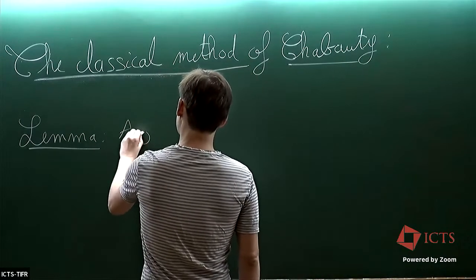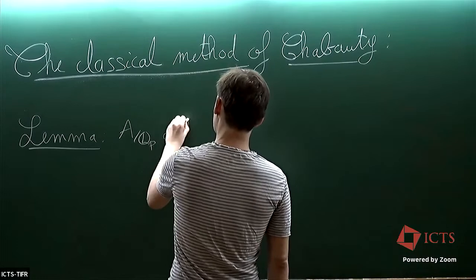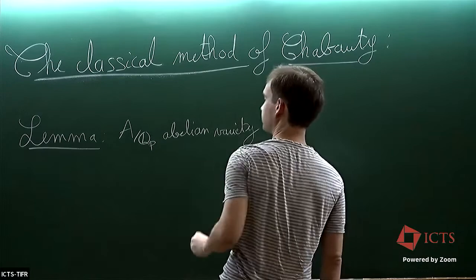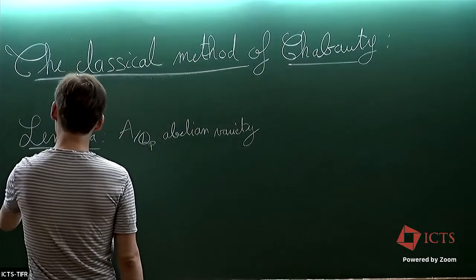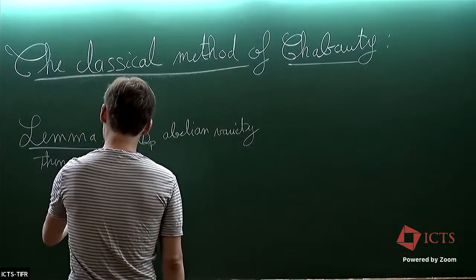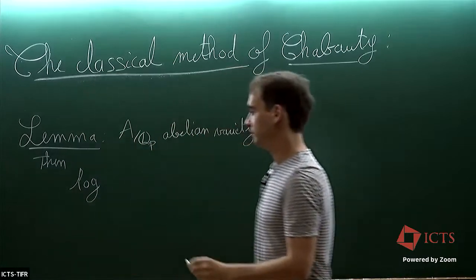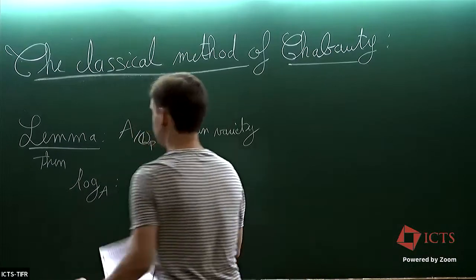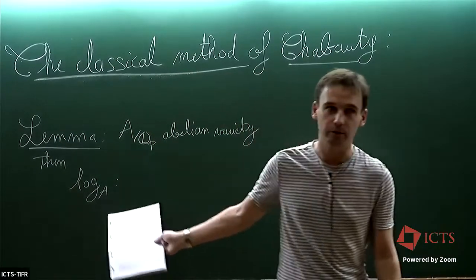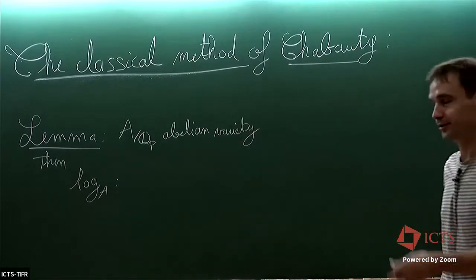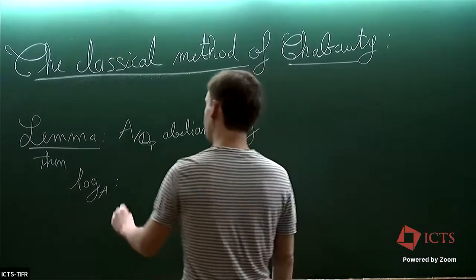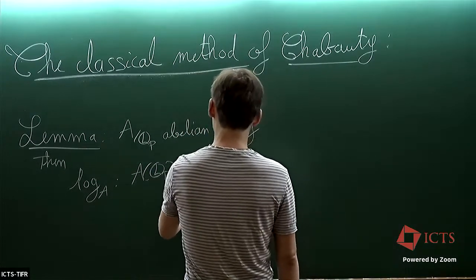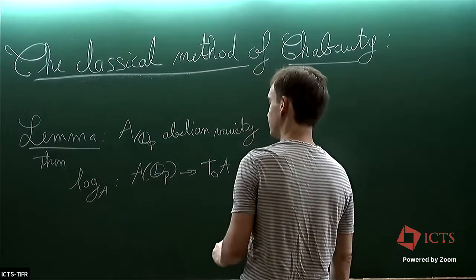So let's say Q_p abelian variety A. Then I define the log, let's call it log subscript A when it's ambiguous, but if you're looking at things in A, it will be obvious. So it goes from A of Q_p to the tangent space at 0 of A.